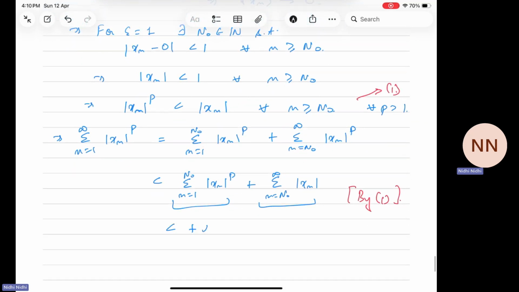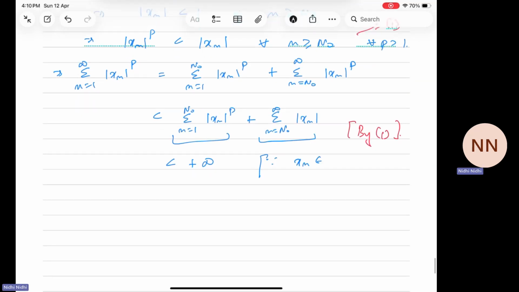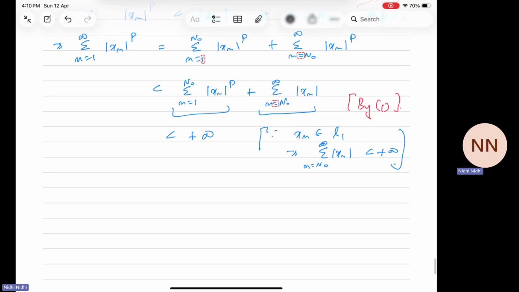Since xn belongs to L1, that means the sum of mod xn from n naught to infinity is finite. That means the series of mod xn to the power p is finite, which implies x belongs to LP.